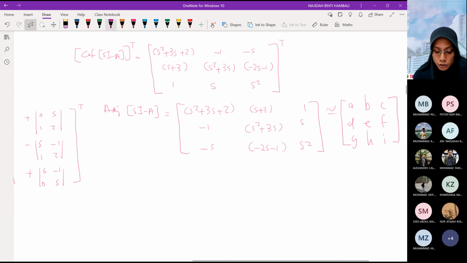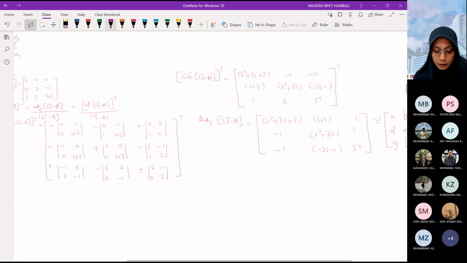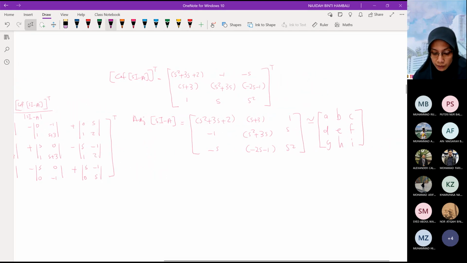Any question on adjoint matrix? Okay. Later, you can revise this example: determine the cofactor, calculate the determinant, and transpose the matrix. Make sure the calculation is correct, and you have to do it quickly during the final.